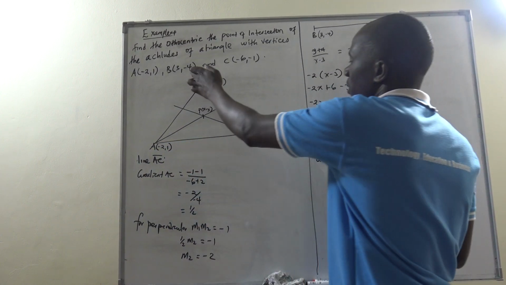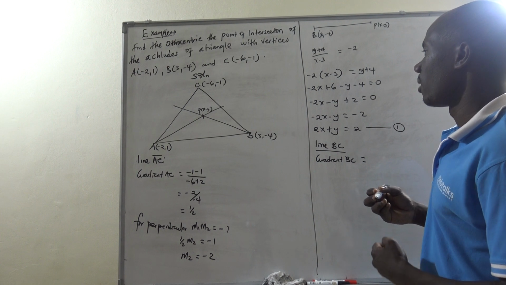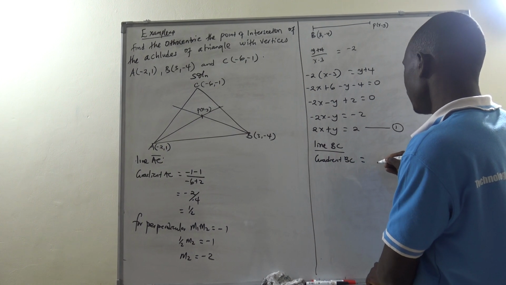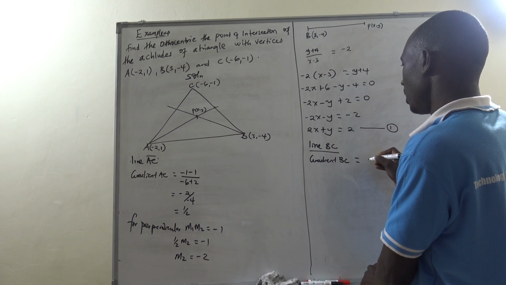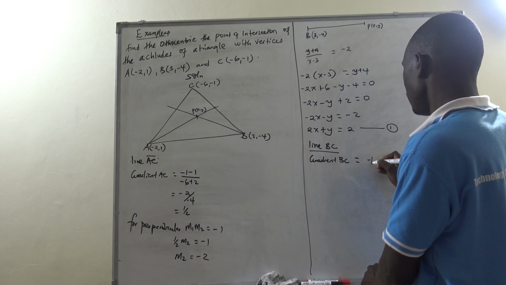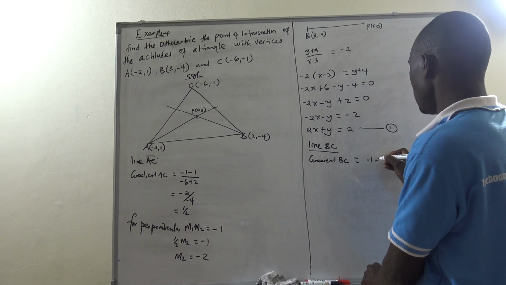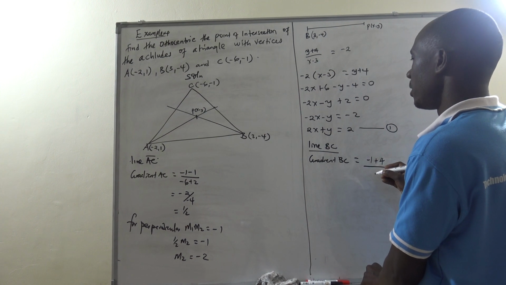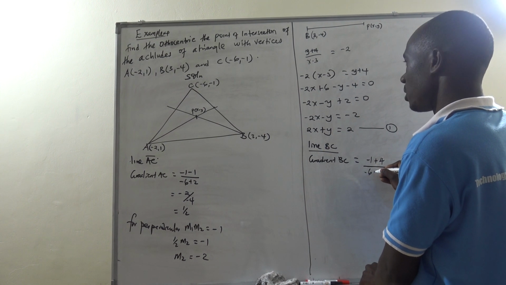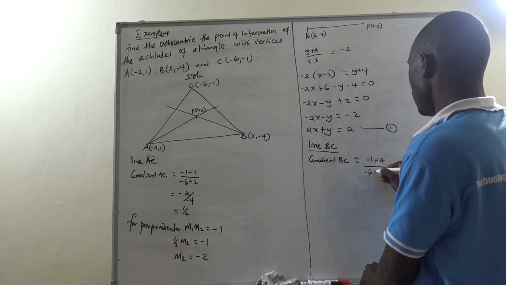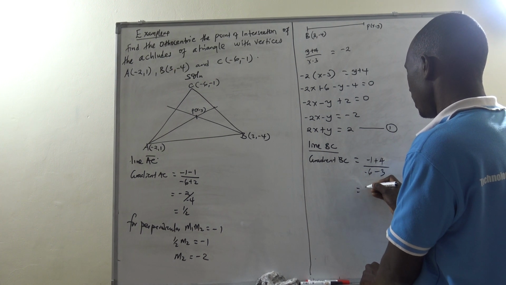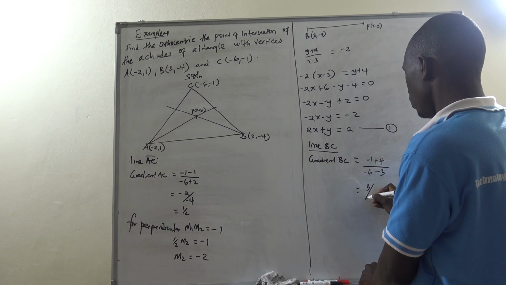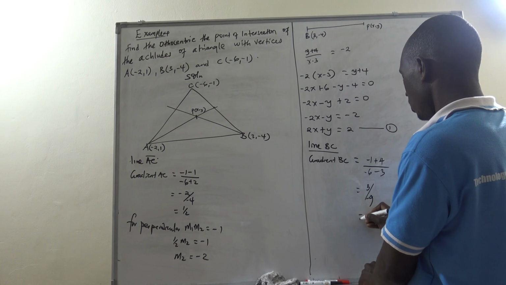Change in y: -1 minus -4, which becomes plus 4, all over change in x: -6 minus 3. So here we are getting 3 out of -9, which is -1/3.